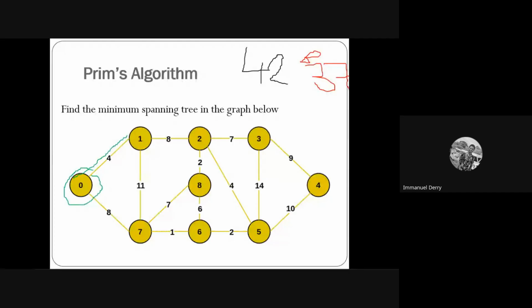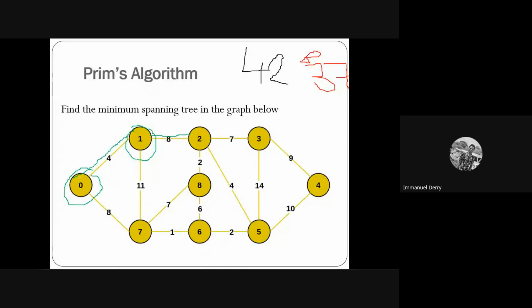Is it clear? All right, so when we get here, from 1 to 2 and from 0 to 7, this value is still in memory. So we have 8 and 8, which have the same weight, so we can choose to take any of them and it's going to work fine for us.